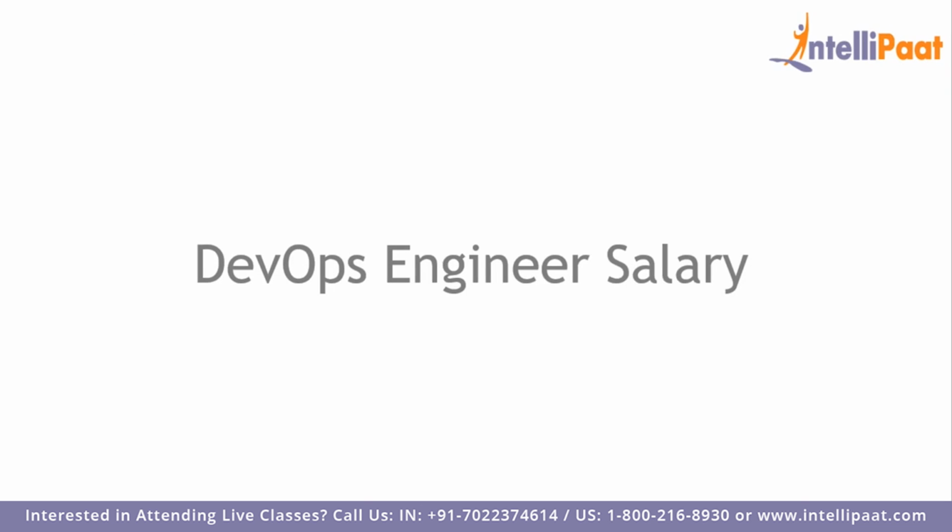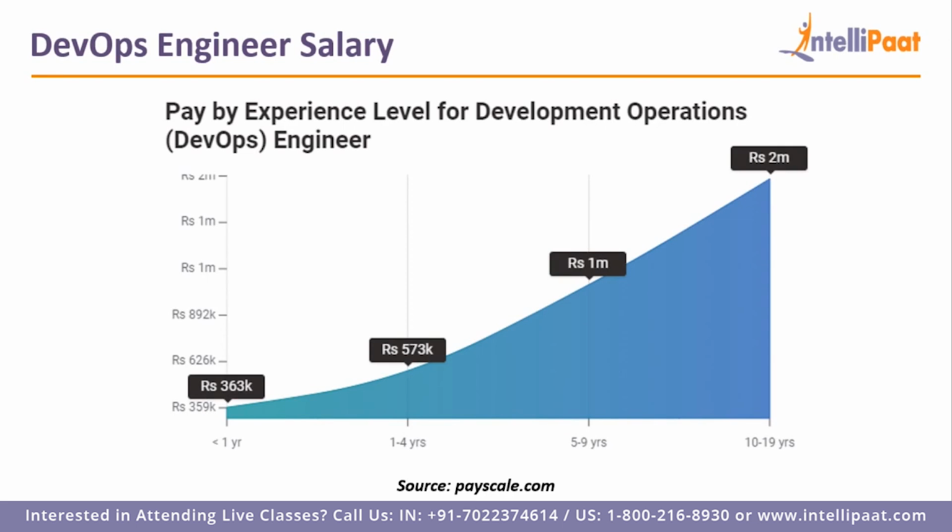Moving on, now we are going to discuss the DevOps engineer salary. So pay by experience level for development operations engineer. So basically, a DevOps engineer is a person who is in between the development team and the operations team. So the development team is the team which develops the code, and the operations team is the one who deploys that code into the production environment.